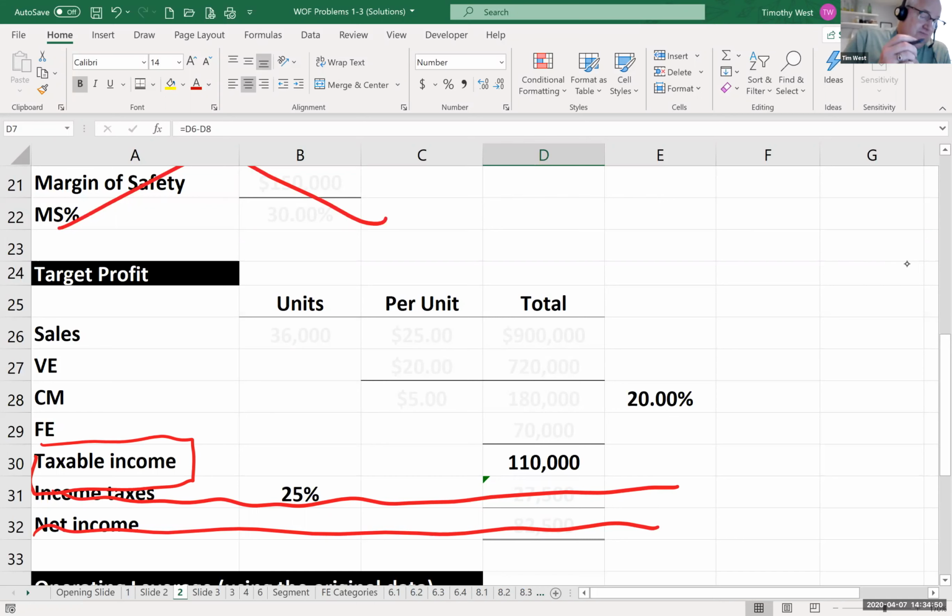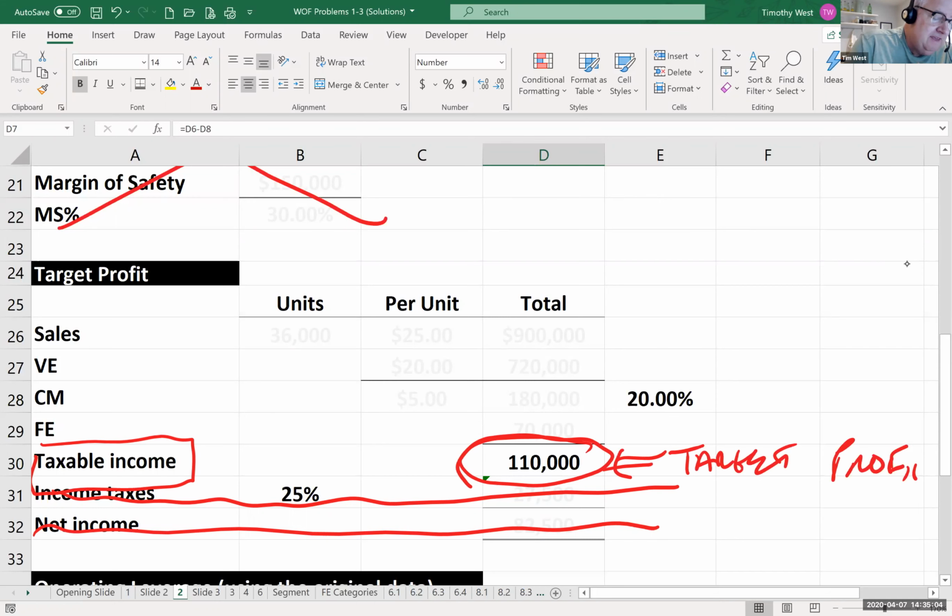Now, the one piece of information that you now have from the problem itself is it tells you that I need a target profit of $110,000. Okay. So once I know that piece, I'm trying to figure out how many units do I need to sell, or what my total sales need to be to generate that kind of profit.